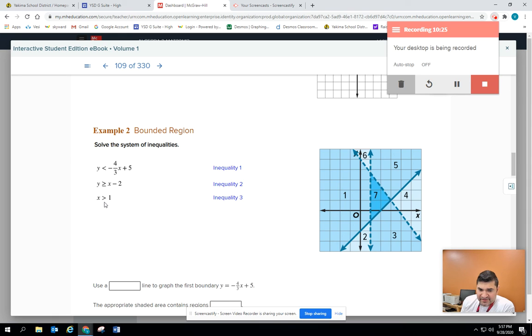And then we also have x is less than, or I'm sorry, x is greater than 1. So here's x equals 1, or x is greater than 1. Notice it's dashed. And on this one, we're going to shade all of this side, because x is getting bigger going this way.